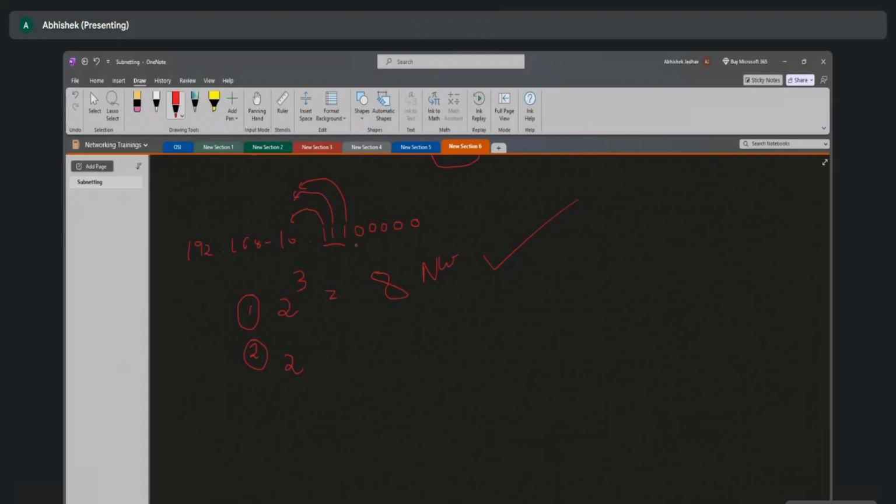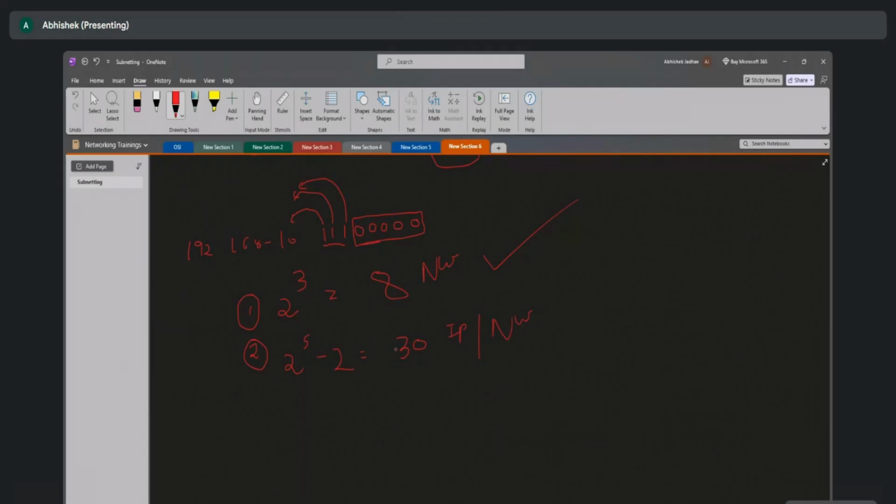Right, five. So we see 5 bits remaining, 2 to the power of 5. The formula is 2 to the power of 5 minus 2, which is equal to how much? 2 to the power of 5 is 32, 32 minus 2 is 30. Exactly. So there are 30 usable IPs per network.